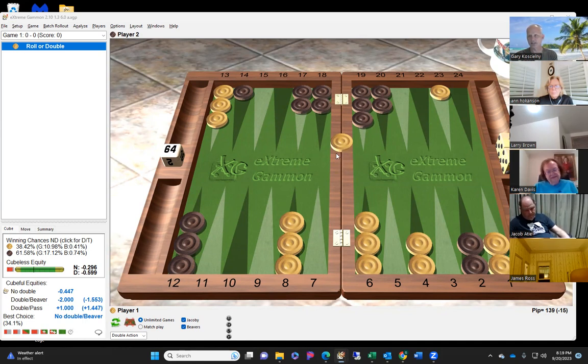It's much easier to make an advanced anchor from the bar here, given that there's a checker here, than it is when both your checkers are on the ace point. And so that's why this is better off than being stuck on the ace point. And again, that's against Black's best rule.